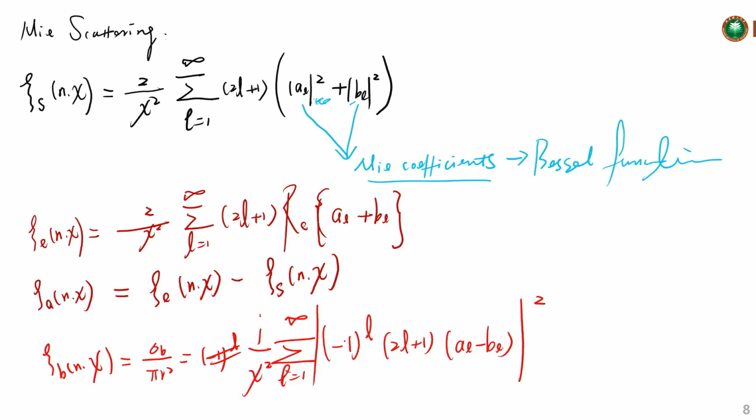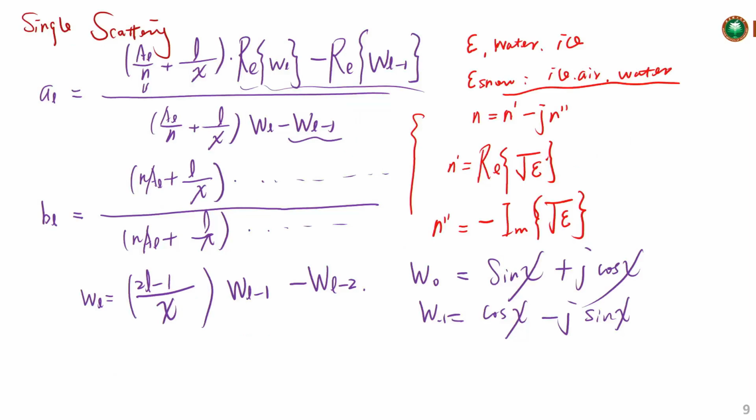Sorry, the minus 1 should be inside the sum. And here it is 1, not 2. So this is the expression for the backscattering coefficient, and this is for Mie scattering.